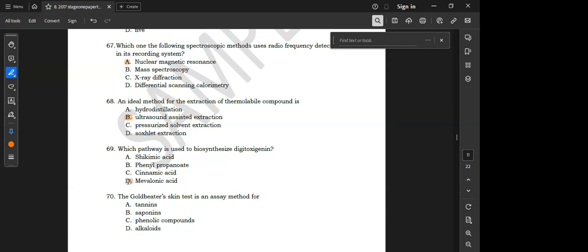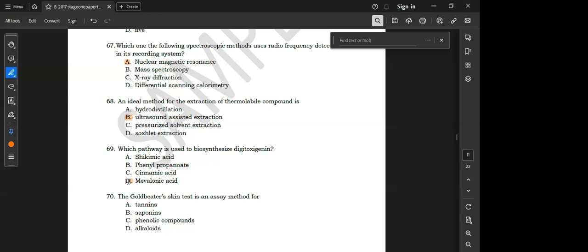We're talking about mevalonic acid. I think the two types, shikimic acid and mevalonic, are the ones used to synthesize these plant metabolites, like glycosides and all that. Shikimate is the one for aromatic amino acids.